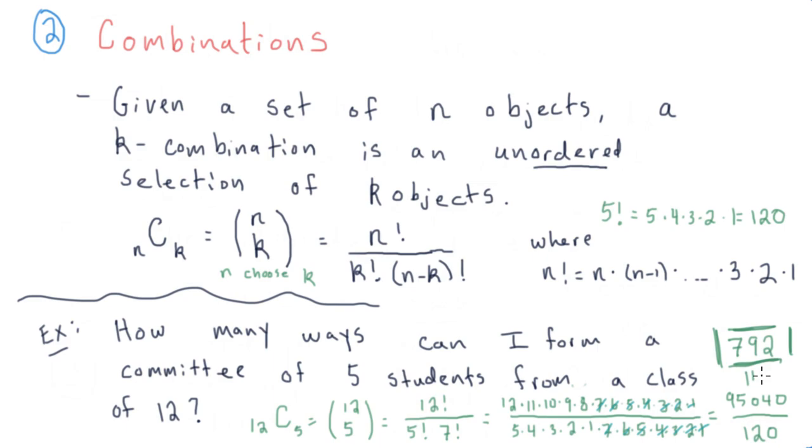It would take me a really long time to write down all 792 combinations, if I listed out all 12 students and then I just started selecting 5 students. I would have to be really careful not to count the same combination twice. It would be a mess, but this is just saying, well, I know that there are 792 possible combinations.